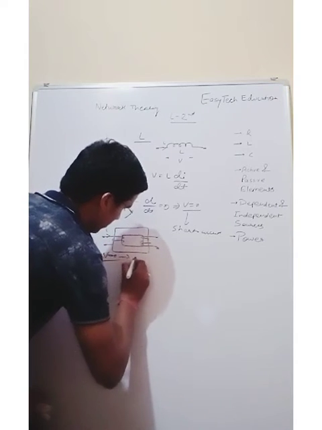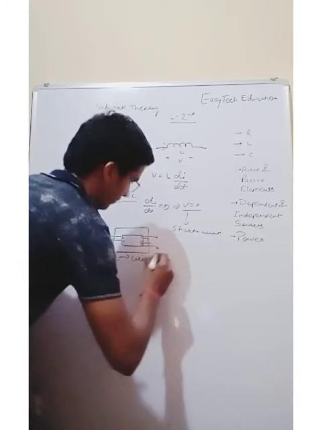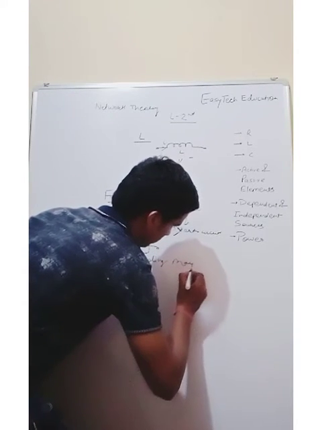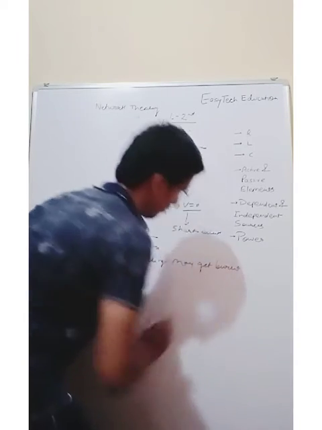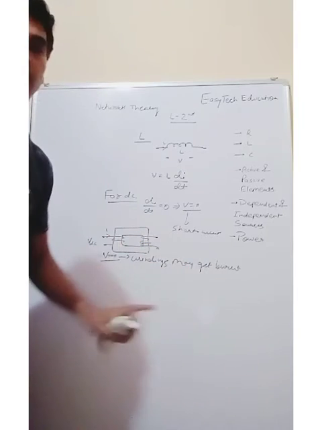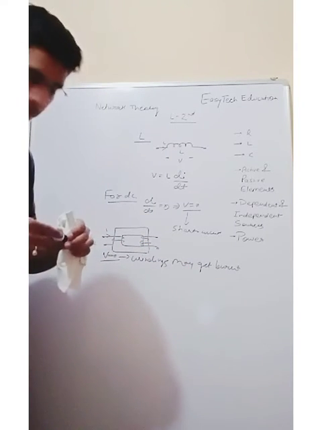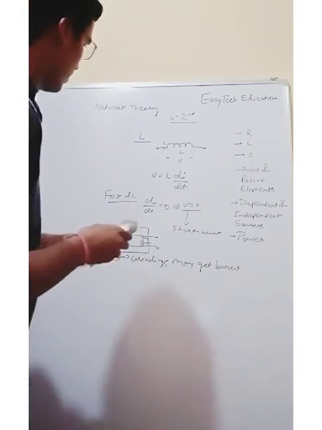That means the windings may get burnt. This is the reason that we cannot apply DC to the primary input of the transformer.